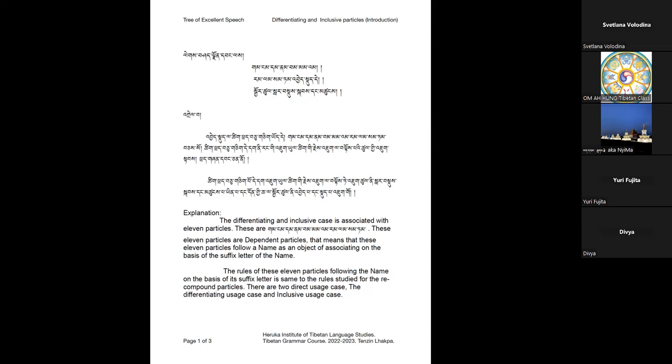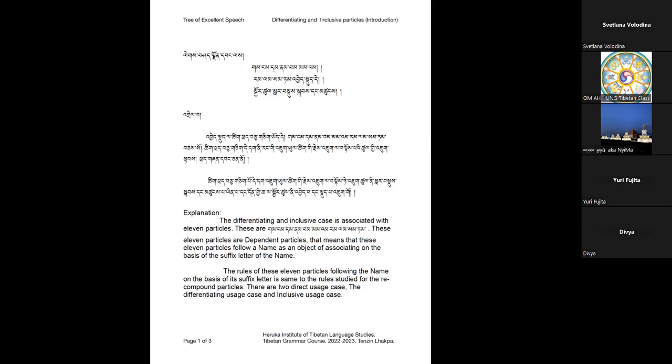So this is the meaning. The first one, which states that the differentiating and inclusive case is associated with 11 particles, is shown from the first two lines. And the explanation of it being a dependent particle comes inferentially.